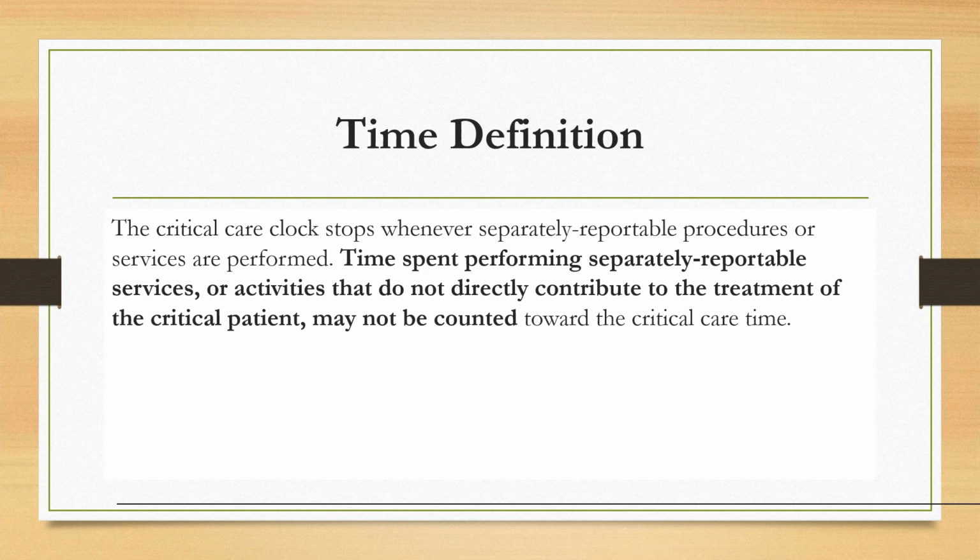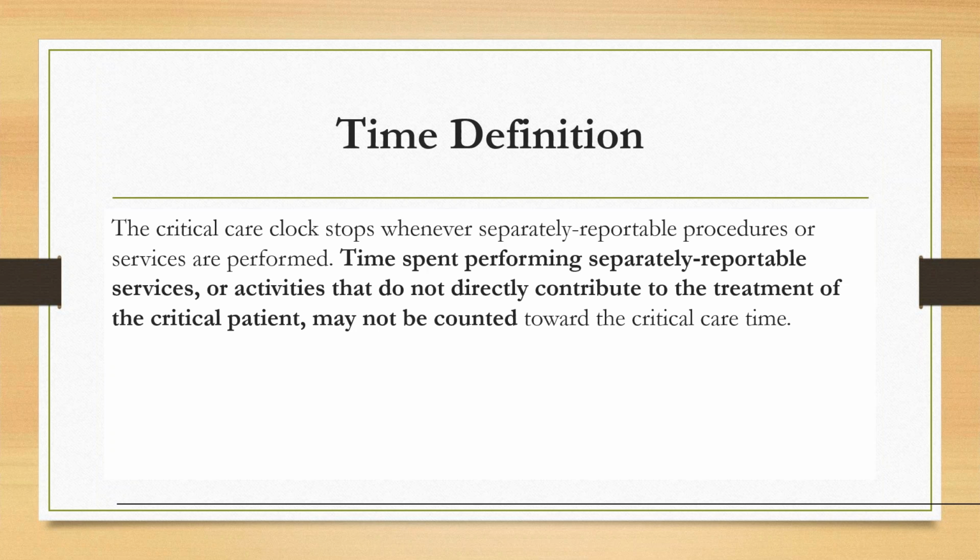Okay, so if you're on the floor for 45 minutes and 20 minutes of that time is spent coding the patient, then you have to back that 20 minutes out of the 45 minutes, which would only give you 25 minutes of critical care time. And in that case, you might do the 99233 with a modifier 25 and your CPR, which is 92950.